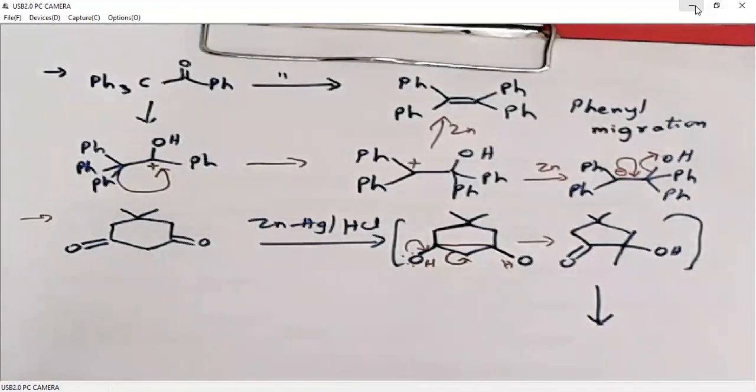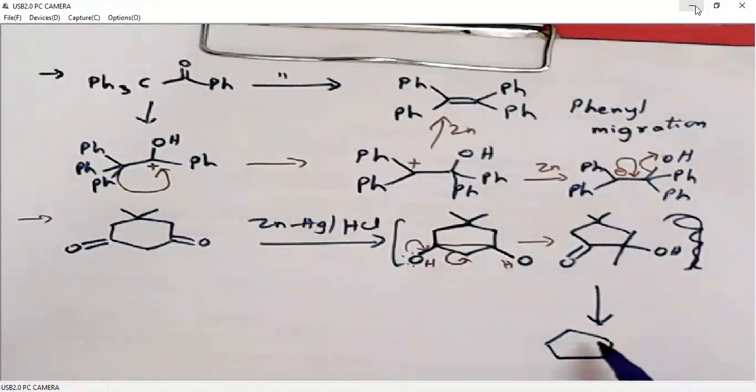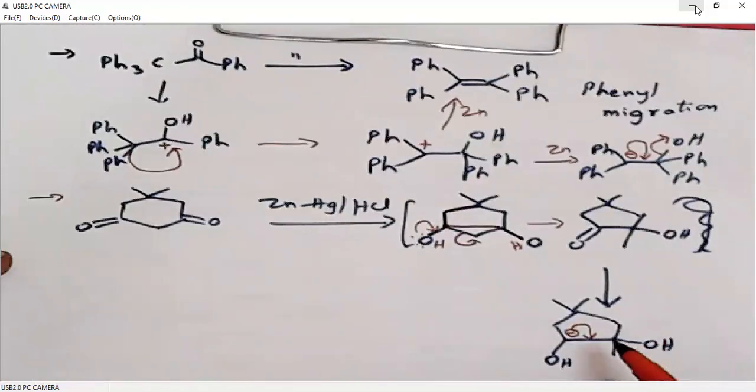So I think I'll better write all the mechanistic steps in this conversion. So it is not ending here. It generates again a carbanion here, and this carbanion can be polarized towards this hydroxy so that the hydroxy group will be leaving.